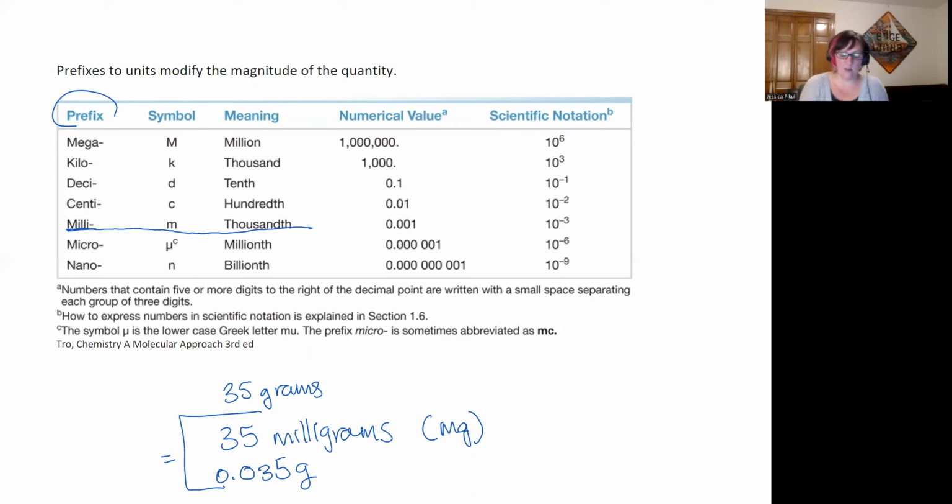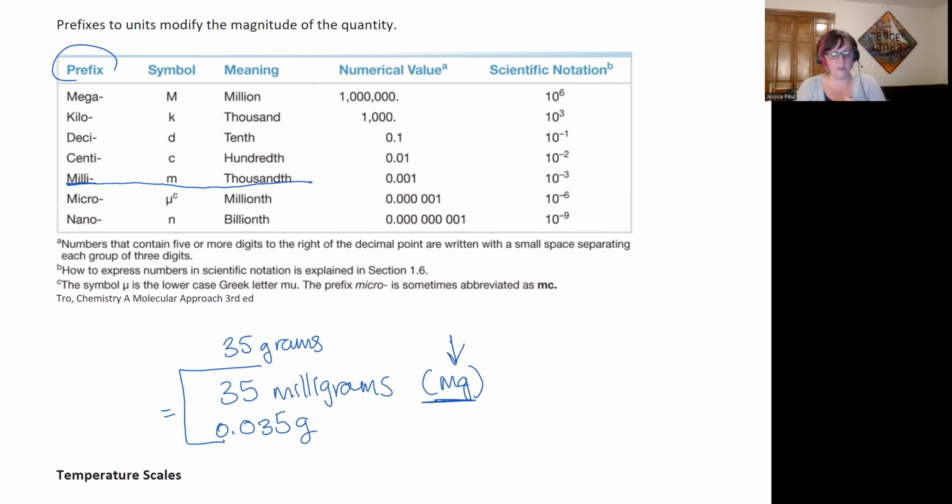This will be a prefix that changes the unit. You'll be exposed to different ones of these, and this gives us a reference point to some sort of base unit. Your gram is your base unit, and you might see things that are milligrams or nanograms, or you might see kilograms. If you see kilograms, you're like, bigger than a gram. You see milligram, it's smaller than a gram.